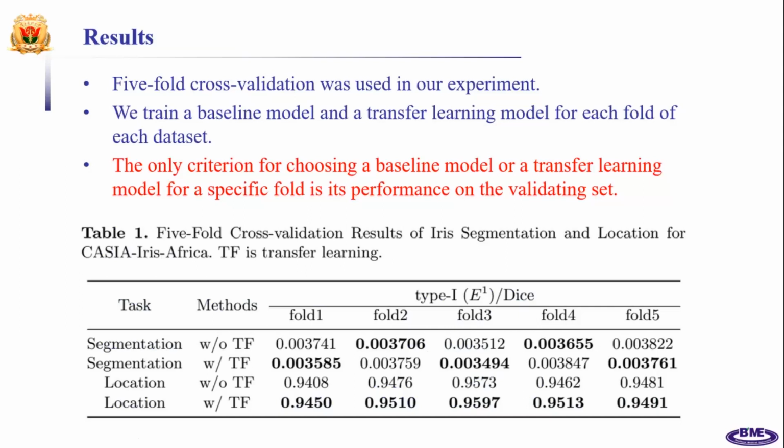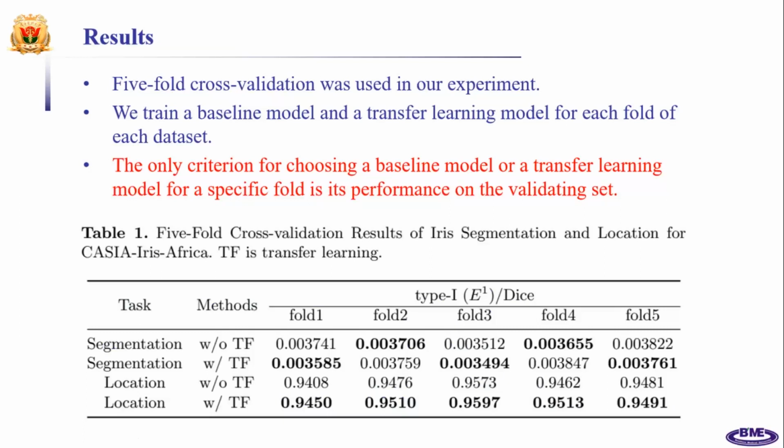For example, on the Africa dataset for segmentation, the baseline model performed better on fold 2 and fold 4, and the transfer learning models performed better on fold 1, fold 3, and 5.